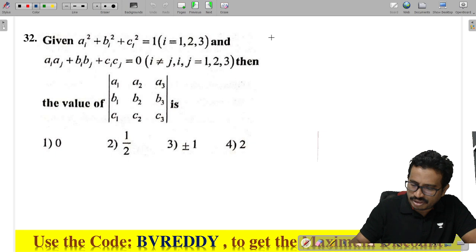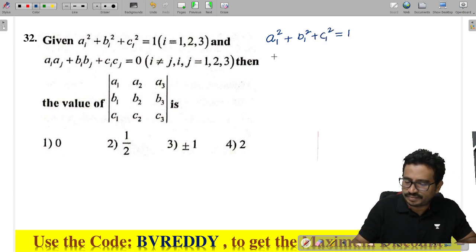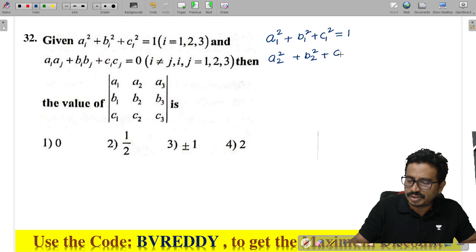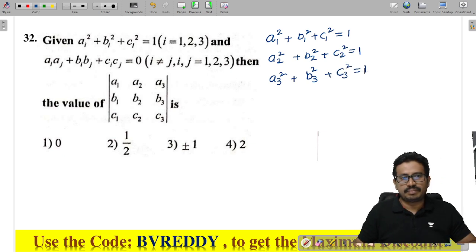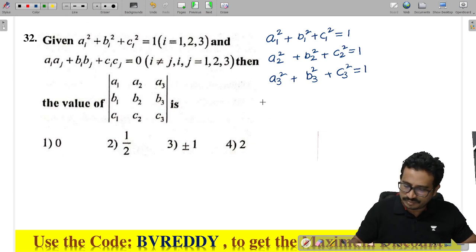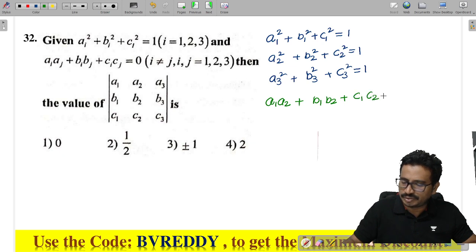When i is 1, 2, 3, I can say a1 square plus b1 square plus c1 square is 1, a2 square plus b2 square plus c2 square is 1, and a3 square plus b3 square plus c3 square is 1. Thereafter, a1 a2 plus b1 b2 plus c1 c2 is 0.